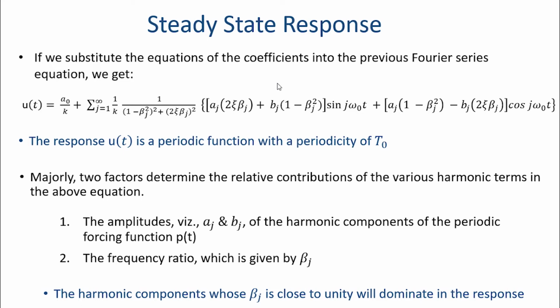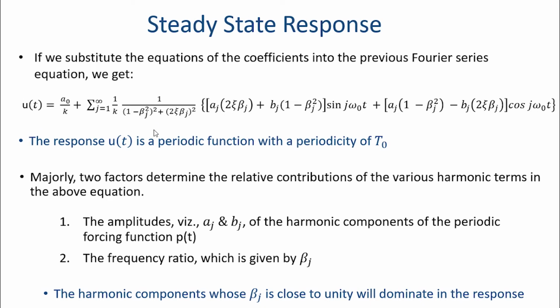The amplitude of this harmonic is given by these big expressions. You can calculate it if we know the value of the damping and the frequency ratio. The frequency of a harmonic is equal to j times omega naught, where omega naught is 2 pi by T naught. This response will be again a periodic function and its period is T naught.